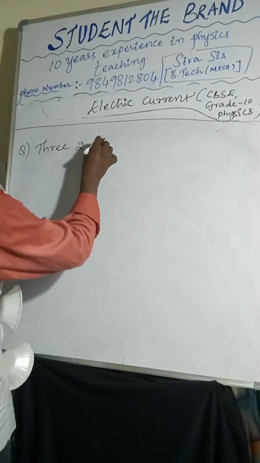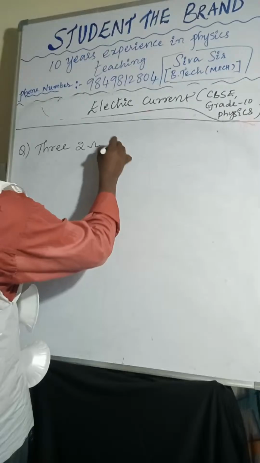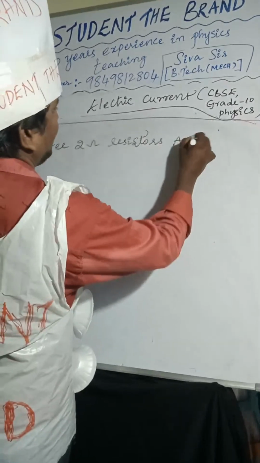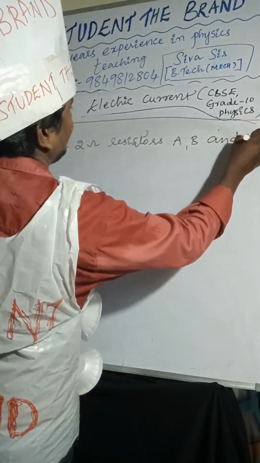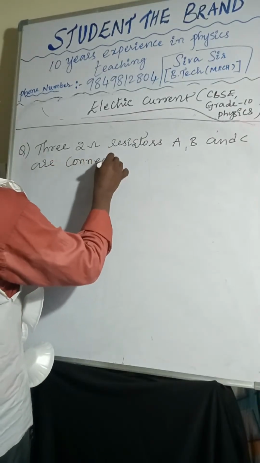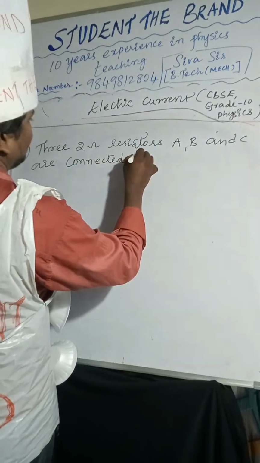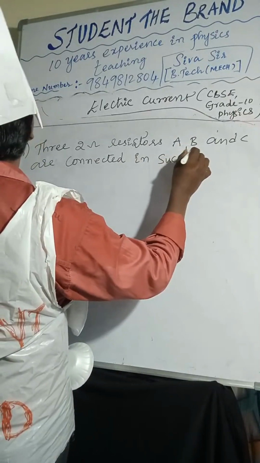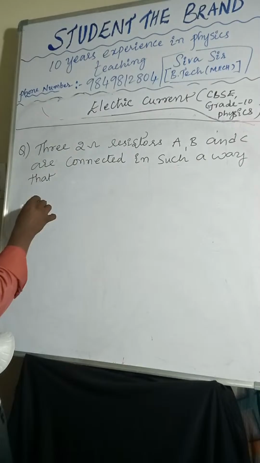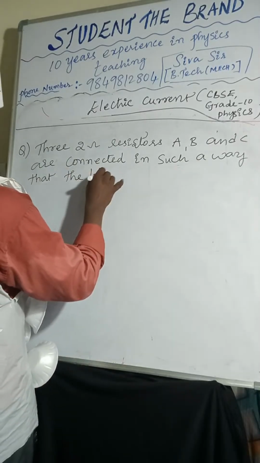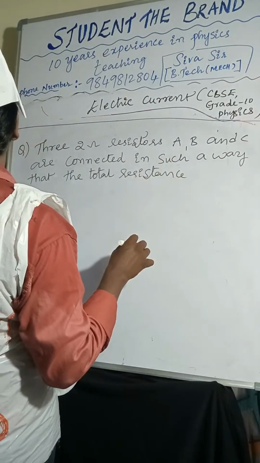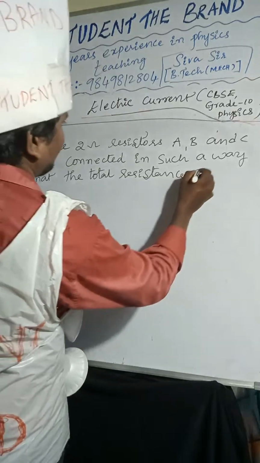Three 2 ohm resistors A, B and C are connected in such a way that the total resistance of the combination is 3 ohm. Show the arrangement.